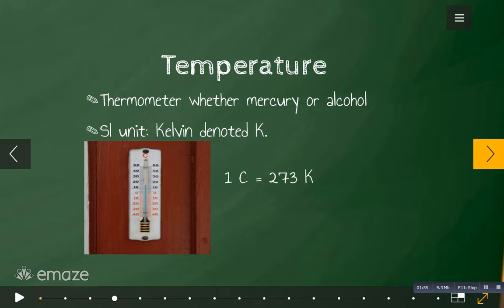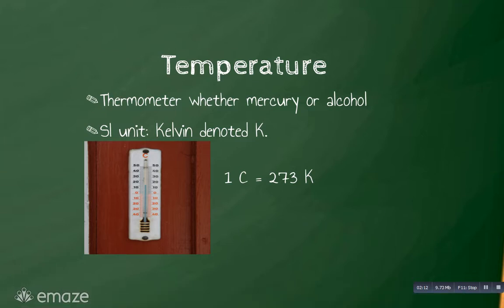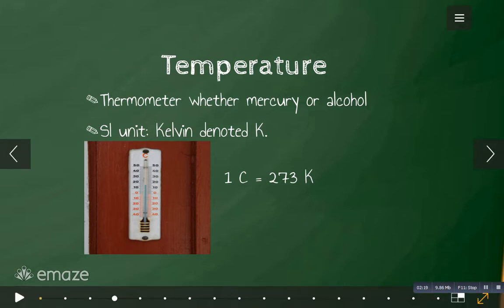Remember that most commonly alcohol is used as the liquid because it is harmless. Mercury is a dangerous liquid and it is not used much. So the SI unit of temperature is Kelvin, and remember that 1 degree Celsius is equal to 273 Kelvin.